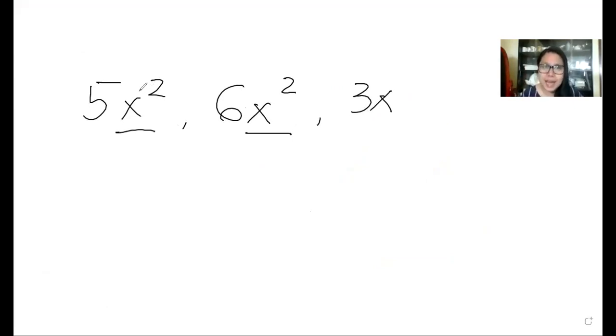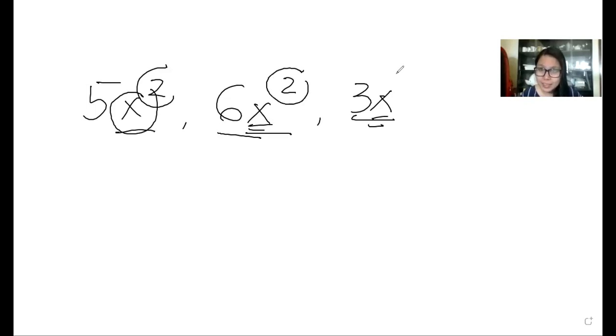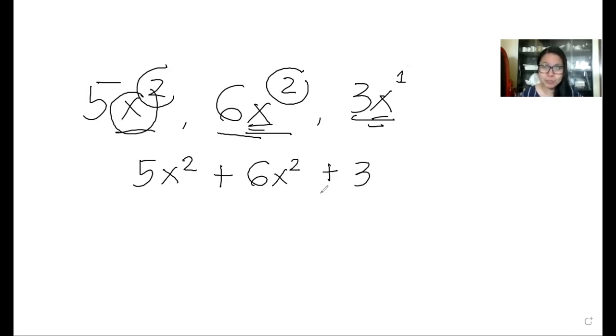Again, they must have the same variable and the same exponent. While 3x and 6x squared have both x, their exponent is different. This is 2, and if there's no exponent, it means it is 1. So if we add them, that's 5x squared plus 6x squared plus 3x. We can only add these two.